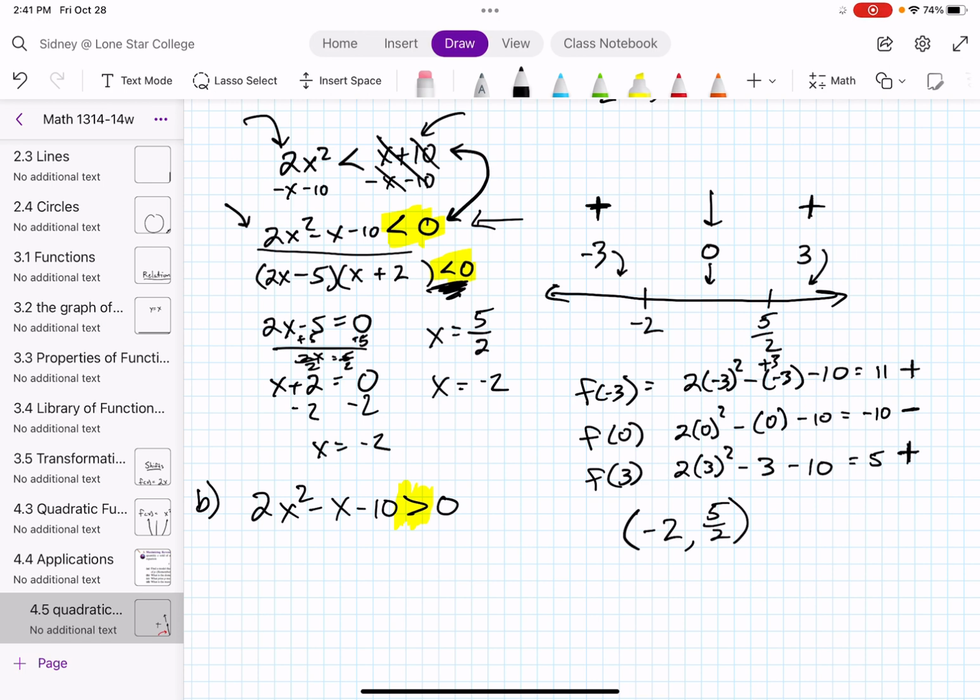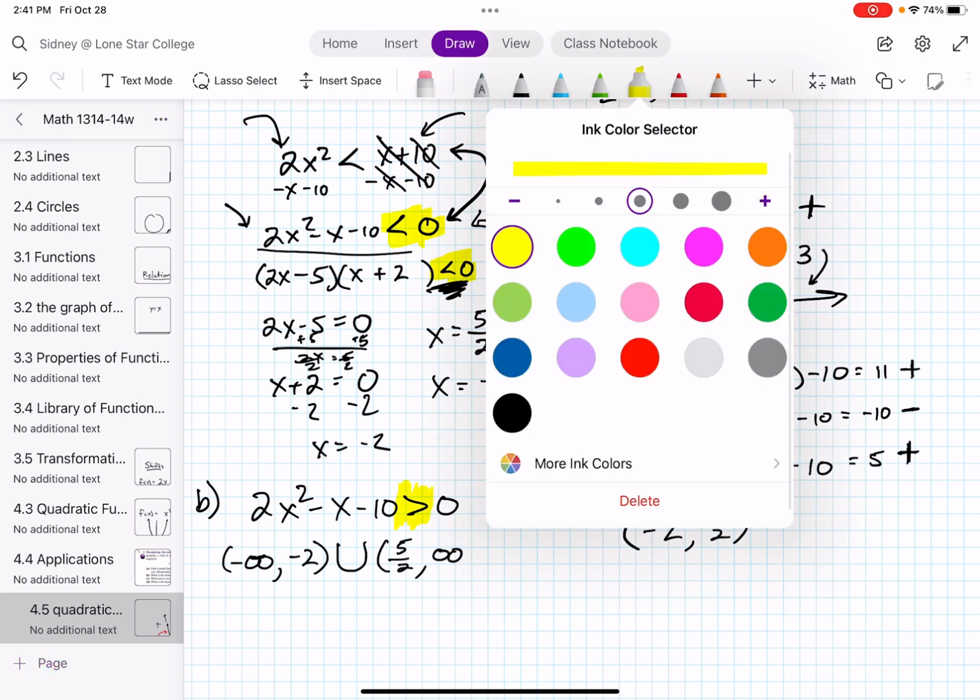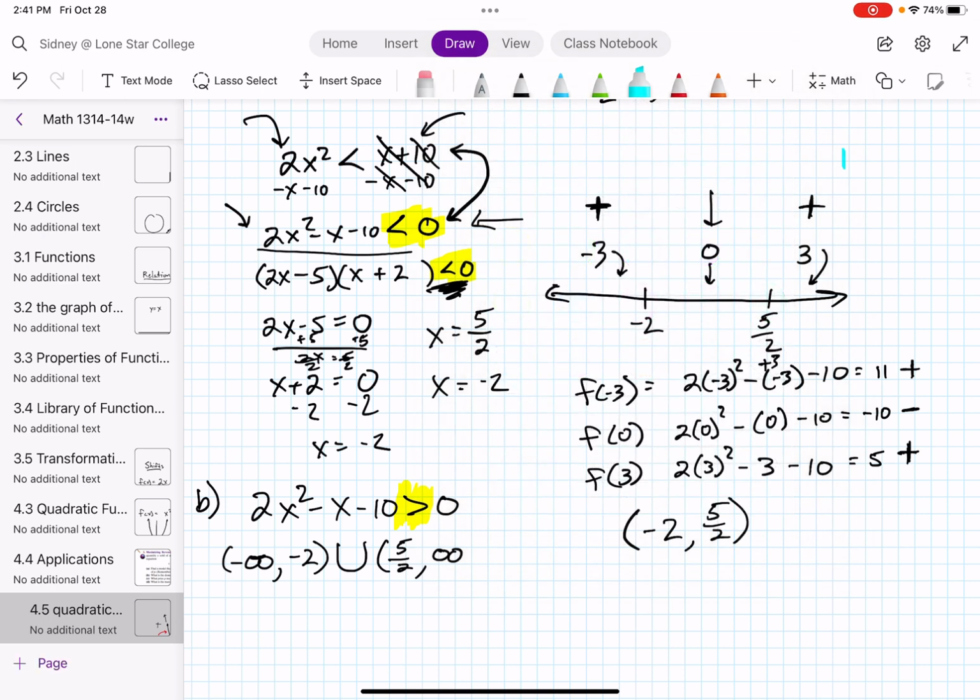All the work would be completely identical, but now we'd be looking for negative infinity all the way to negative 2, union 5/2 all the way to positive infinity. We would be paying explicit attention to these portions out here. These are the portions that gave us positive answers, greater than 0. That's where our answer would be.